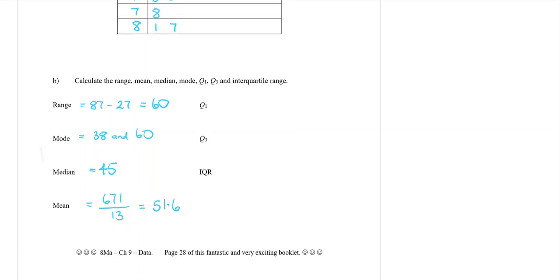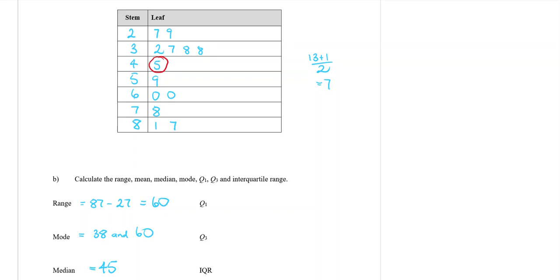Okay, now the quartiles. When I have circled that 5, it is now out. I don't count it anymore. There are 6 numbers lower than that number, and there are also 6 higher. What is the middle of my 6 numbers? You can do your little formula again. We do 6 plus 1 over 2, which is 3.5. So it's going to be between again, between the 3rd and the 4th number.